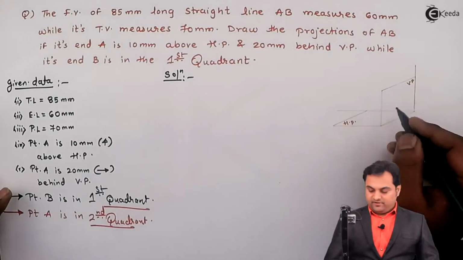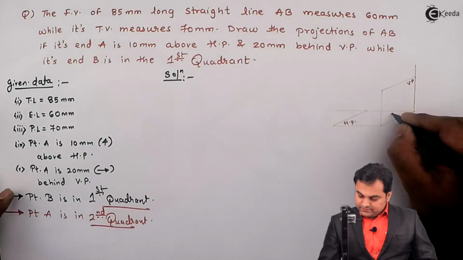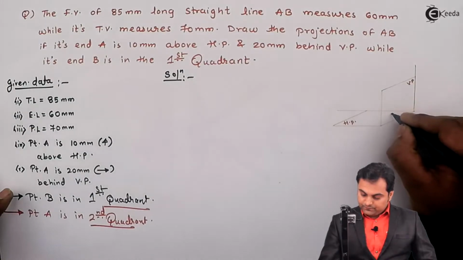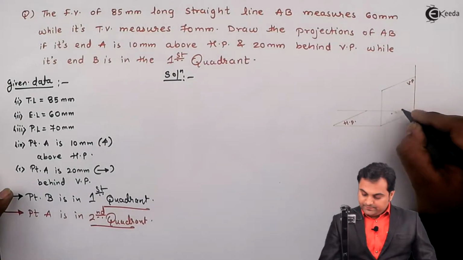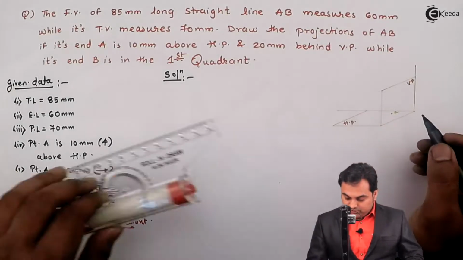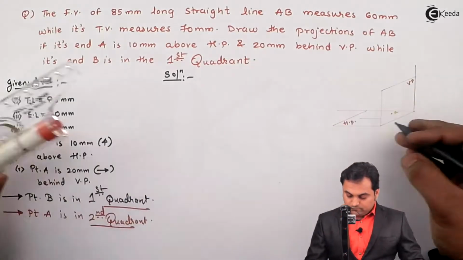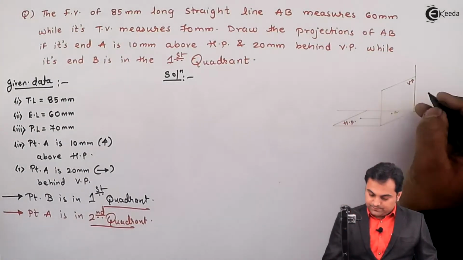So 10 mm above HP will be seen in VP, that is somewhere here. I'll say this is point A. Then 20 mm behind VP will be along this line at this location.